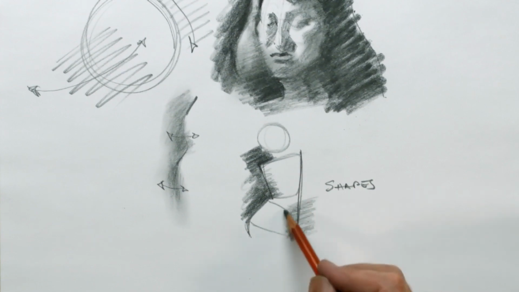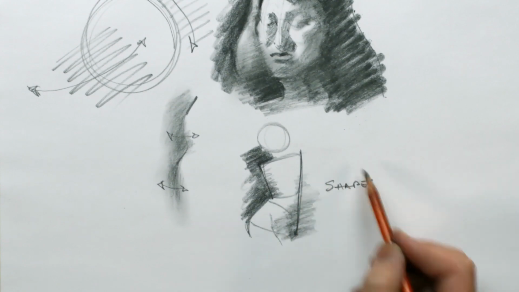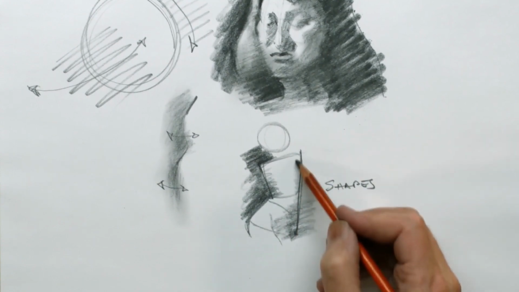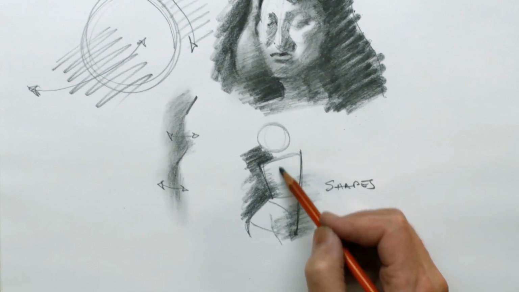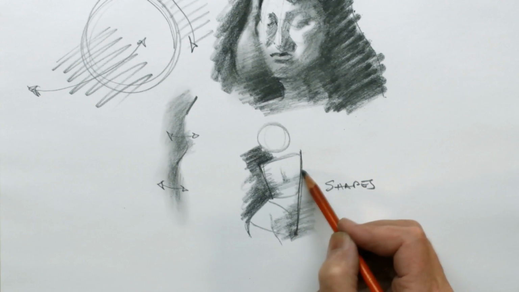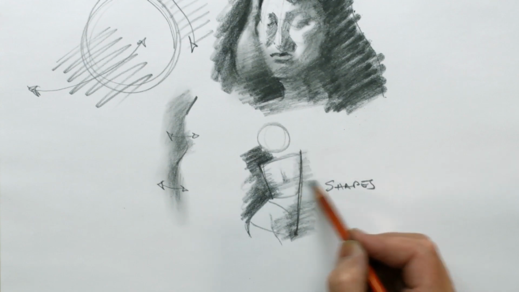So if I put a tone over here, I'm no longer looking there. And same thing here. If I put a gradient over here, I'm going to soften this a little bit.